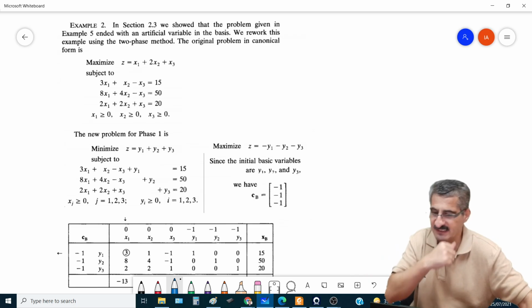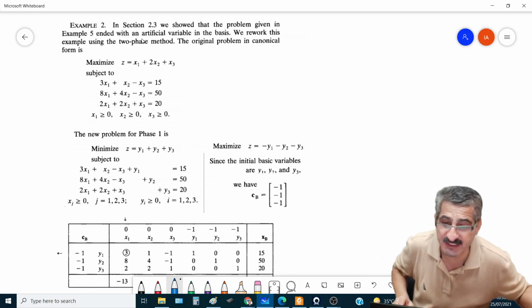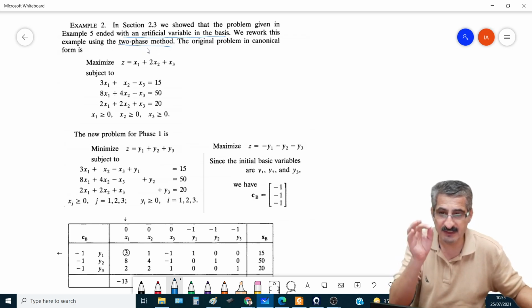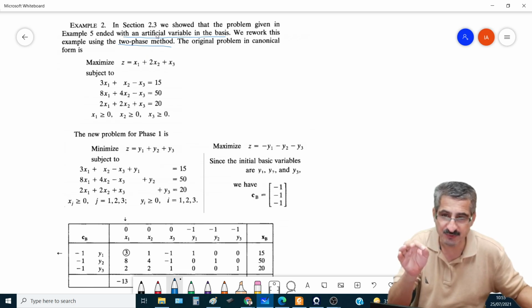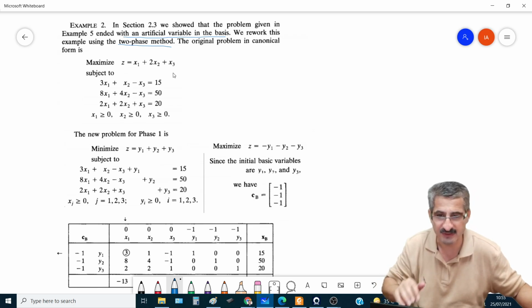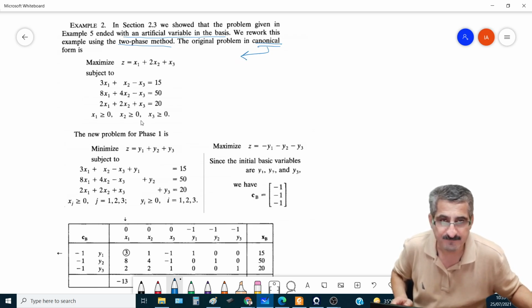In section 2.3, we showed that the problem given in example 5 ended with an artificial variable in the basis. Will you work this example using the two-phase method? So this example in section 2.3, we stopped and we said we will do it in section 3.3, and here we are. So the problem in canonical form is given that way.